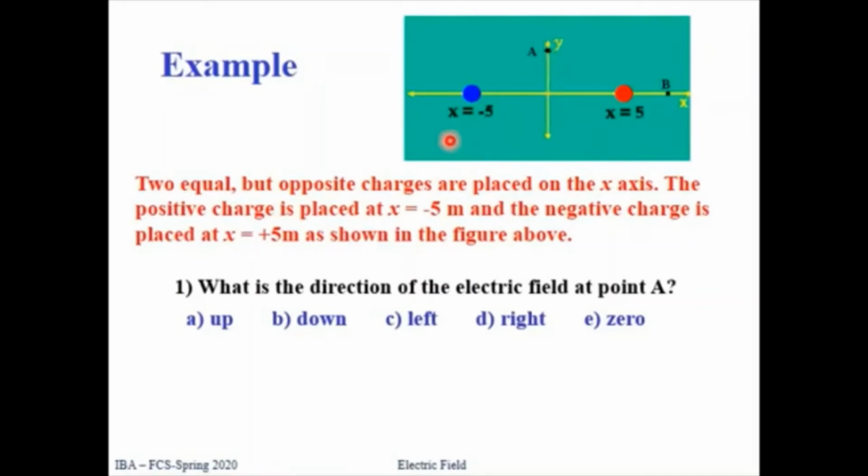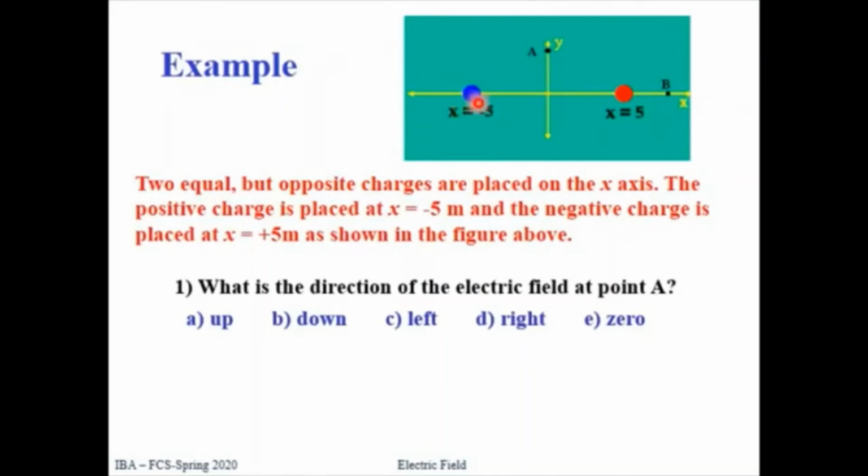As given here, this is the position of a positive charge and this is the position of a negative charge. I already mentioned in the previous slide that if we have a positive charge, then the line of forces is evolving from this positive charge.